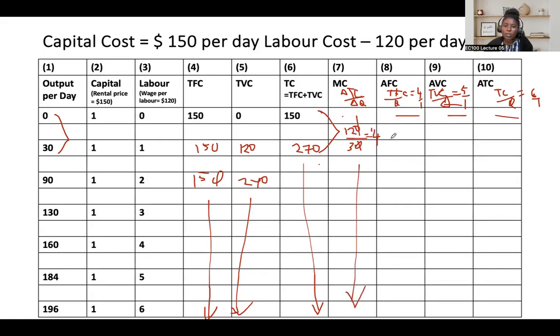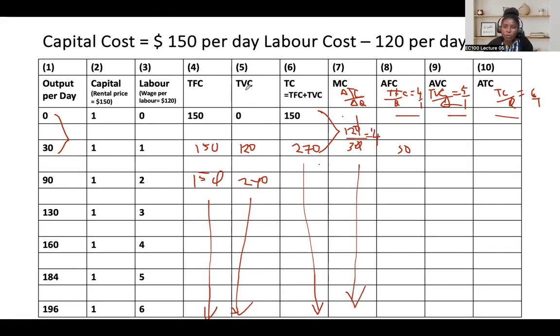Average fixed cost, here you find column 4 is 150. 150 divided by 30, right? That is going to be 50. Okay.